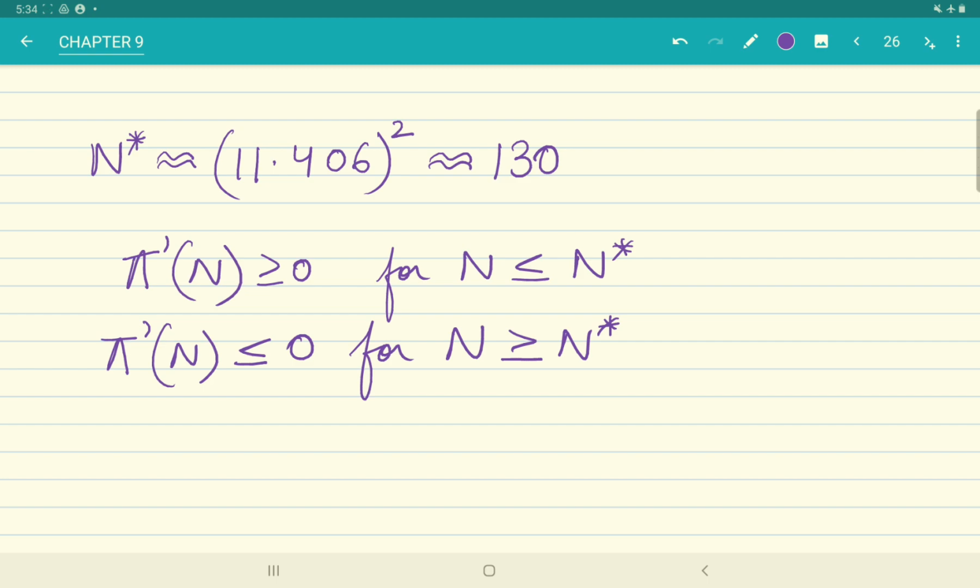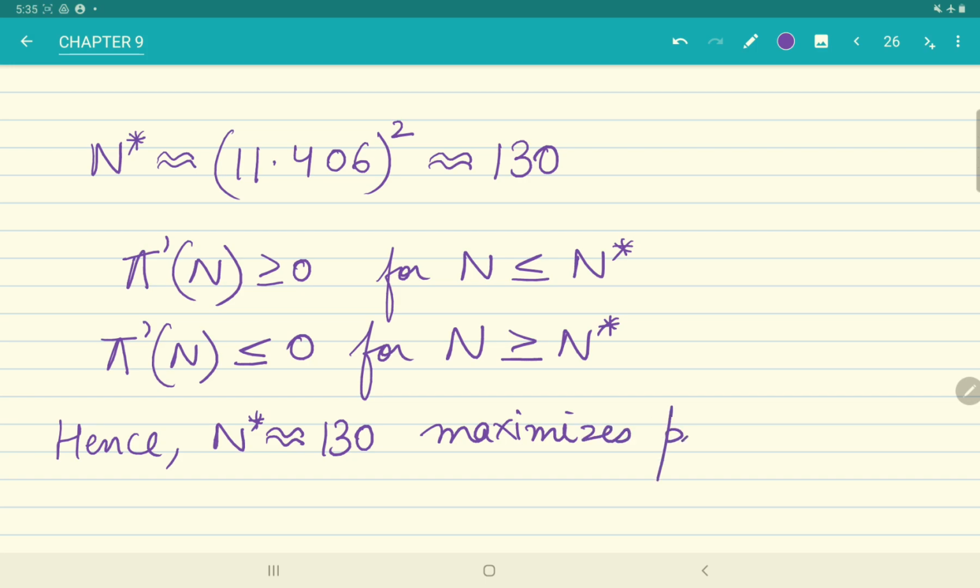So this n star, which is approximately equal to 130, maximizes profit.